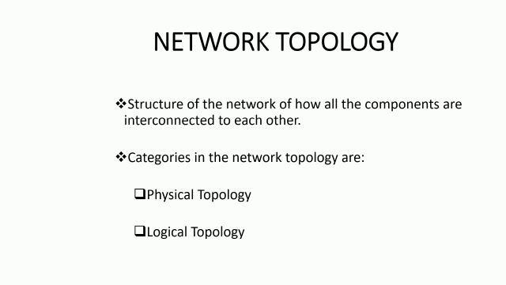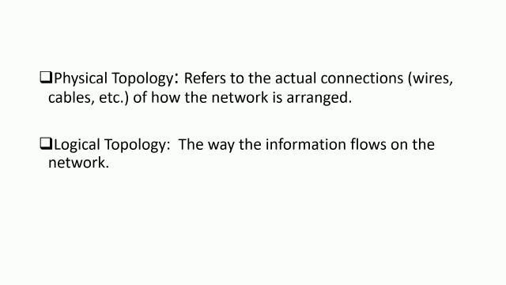Now, the topology can either be physical topology or the logical topology. Physical topology refers to the configuration of the cables, computers, and other peripherals, whereas logical topology is concerned with how the information flows or how the information passes between the workstations.